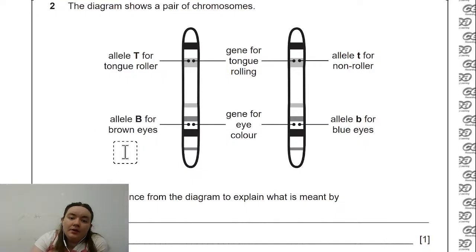So there's the gene for eye color, and the allele for brown or blue eyes. The gene says what physical characteristic I get, and the allele is the variant, so whether it's brown or blue.